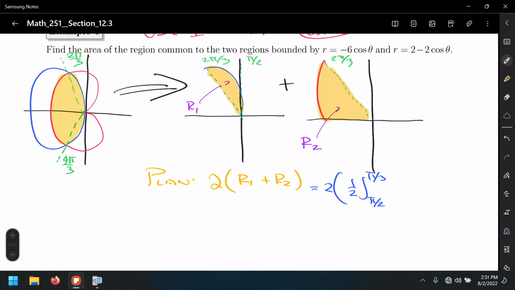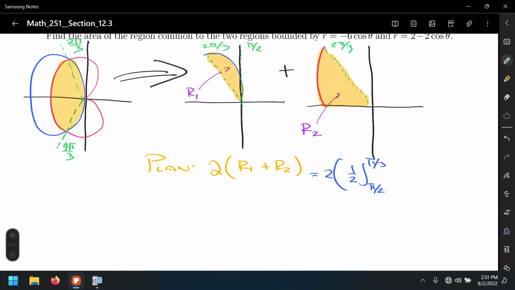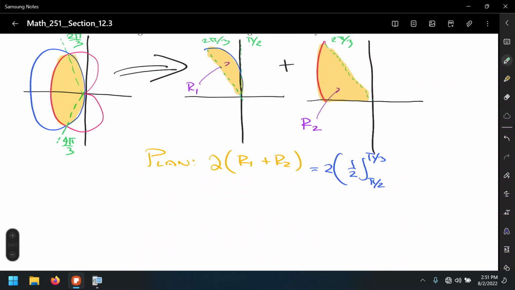Even though it's the origin, it's getting to the origin vertically, as opposed to the cardioid. Do you see how the cardioid instead is hitting the origin horizontally, not vertically? That makes the whole difference when it comes to defining limits of integration. I understand this is a little bit tricky to see. It's not as straightforward as seeing limits of integration in the XY world. But hopefully what we're doing here makes sense.